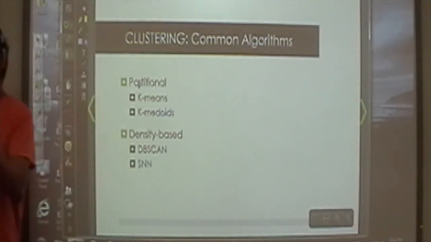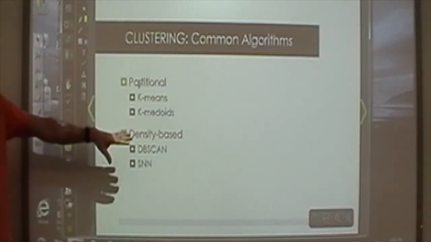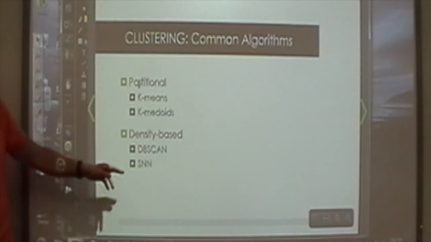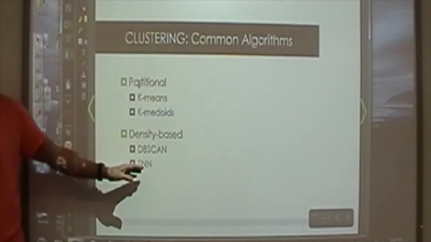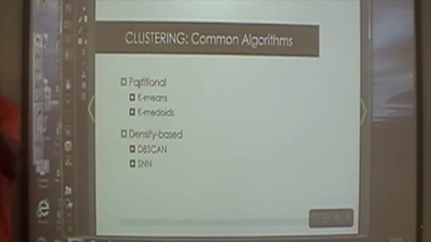K-medoids is just a slight variation of that, which we won't talk about, but it's really the same idea. We've got density-based algorithms, based on how dense areas are. And a couple of those are called DBSCAN and SNN, where the only difference between those two is going to be your measure of similarity.